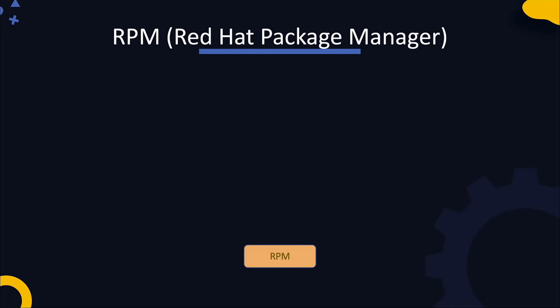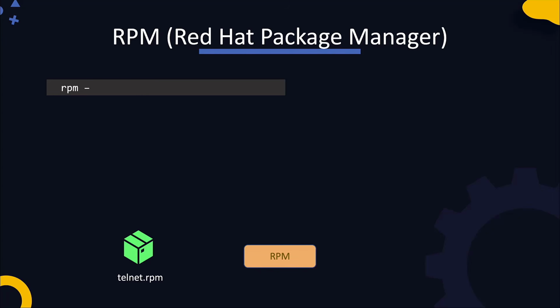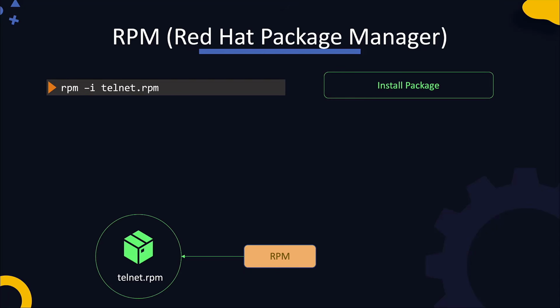CentOS uses an RPM-based package manager, just like Red Hat Enterprise Linux or Fedora. RPM stands for Red Hat Package Manager. A software is packaged into a bundle with the extension .rpm. To install the package, use the rpm command and the -i option for install and specify the package name.